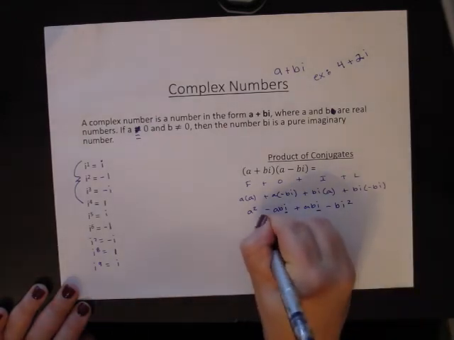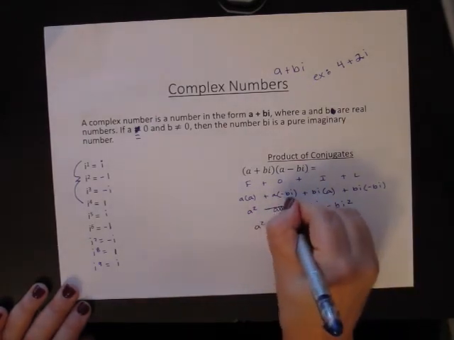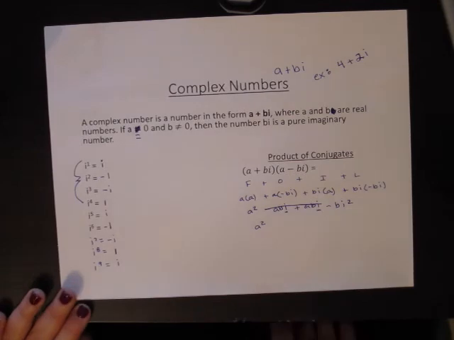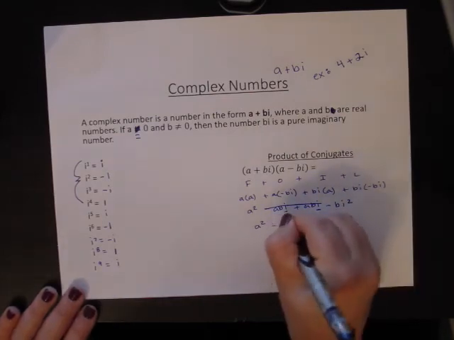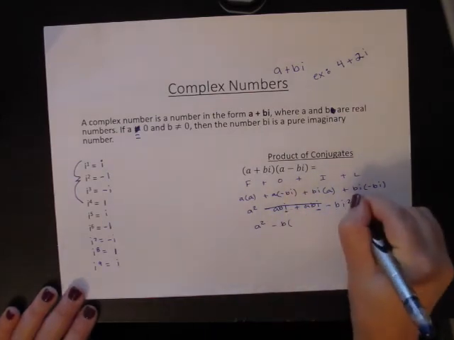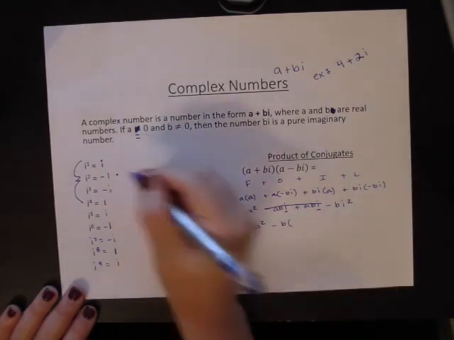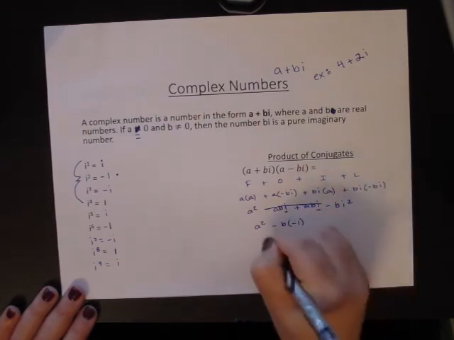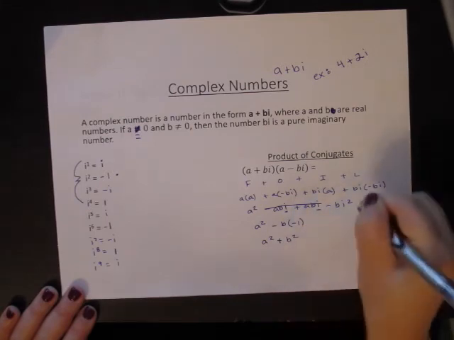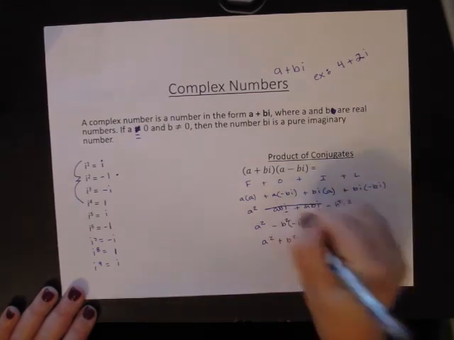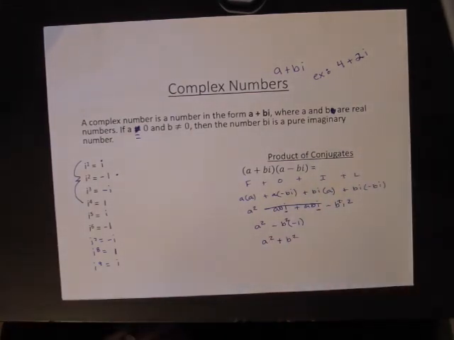So this is a squared. These two cancel out with each other because negative ab plus ab cancel out with each other, and then we go minus b times i squared is going to be negative 1, so times negative 1. So we get a squared plus b squared. I'm sorry, there should be b squared right here because b times b is b squared.